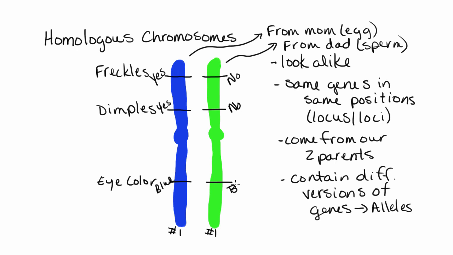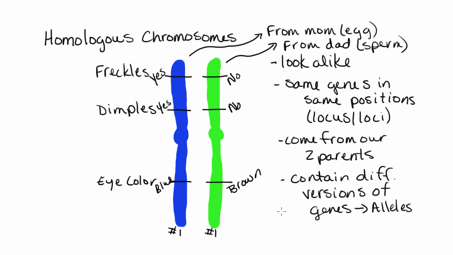We might have a brown version on the other chromosome. So both mom and dad are passing on information for freckles, but it's not necessarily the same information. Both of them are passing on information for eye color to us, and it will be located in that same position on chromosome number 1, but they might very well be passing on different versions of eye color to us.